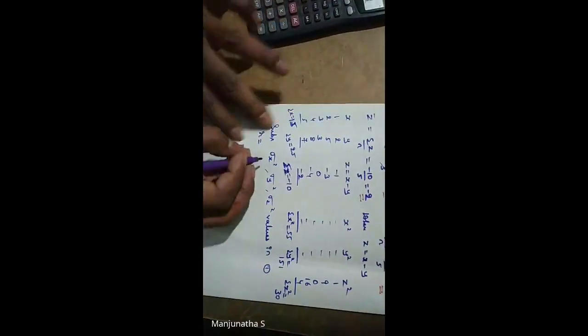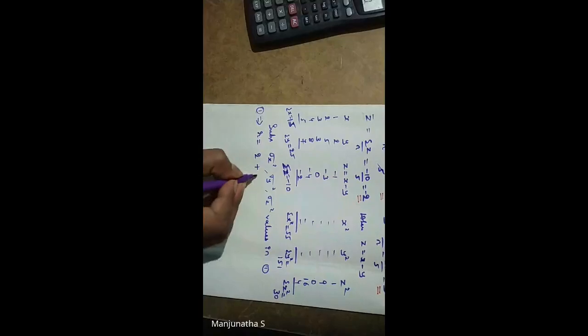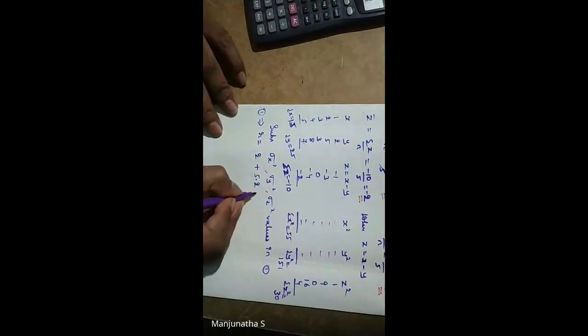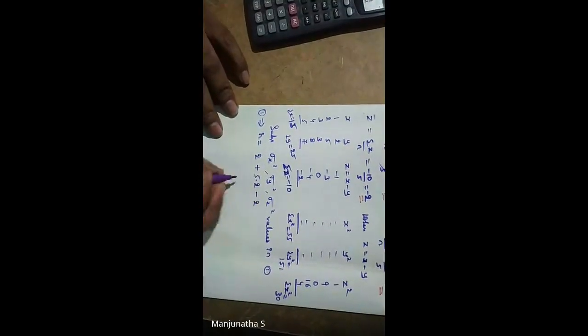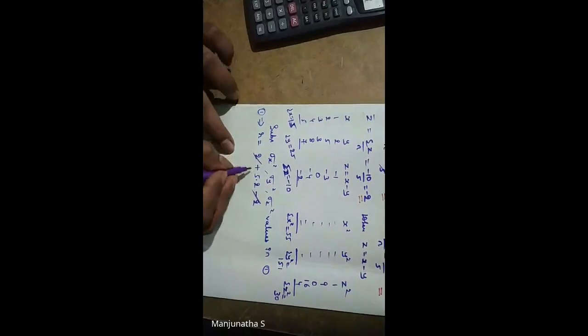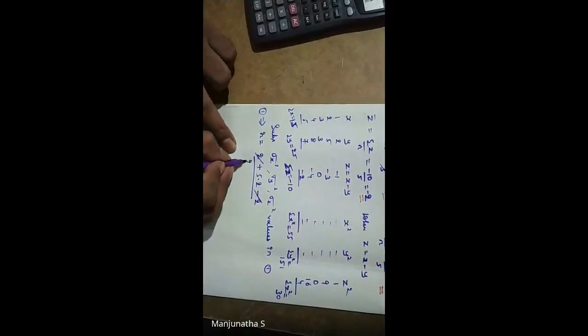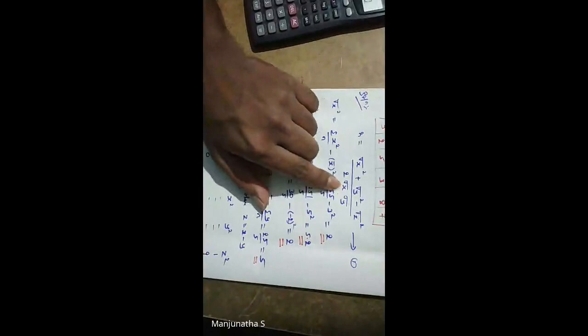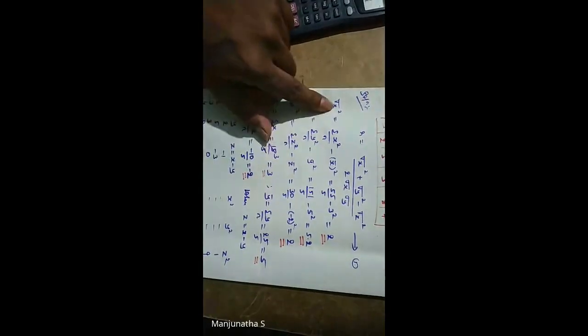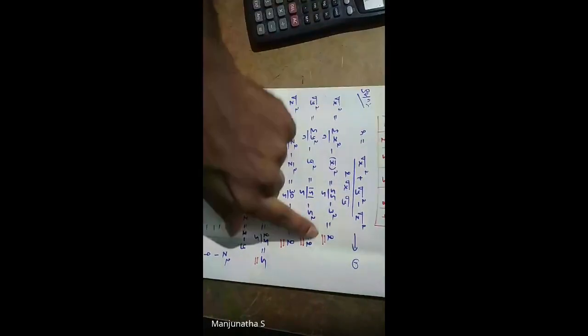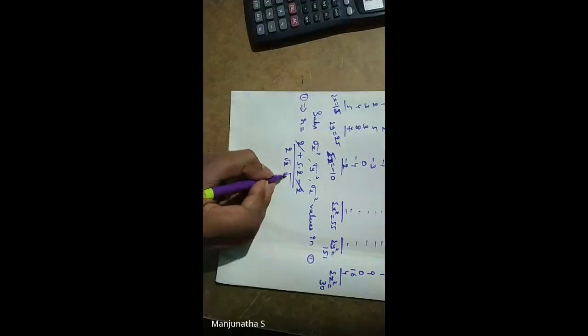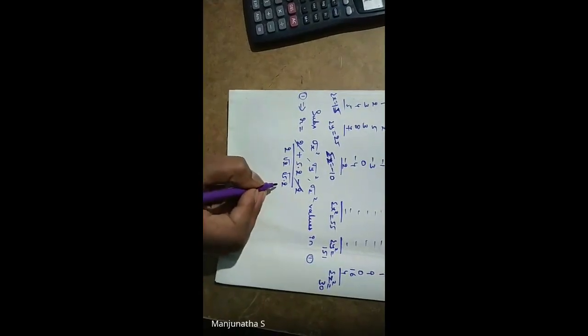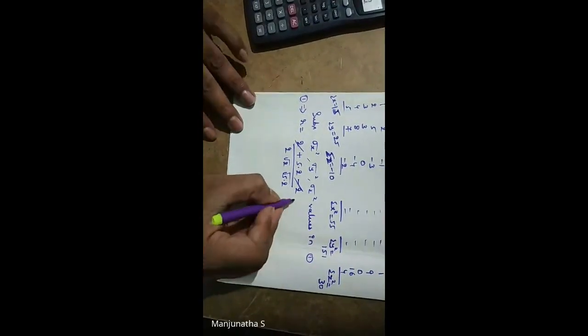Sigma x square is 2 plus sigma y square is 5.2 minus sigma z square is 2. So plus 2 minus 2 will get cancelled, divided by 2 into sigma x. See, this is important. It is just sigma x, not sigma x square. So sigma x we need means we need to take square root of 2 and then square root of 5.2. Correct. So now do this and give me the answer for r.